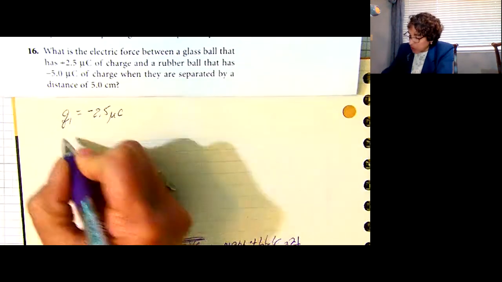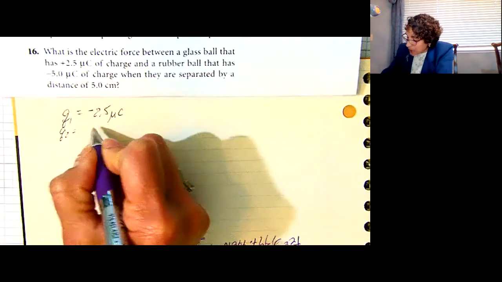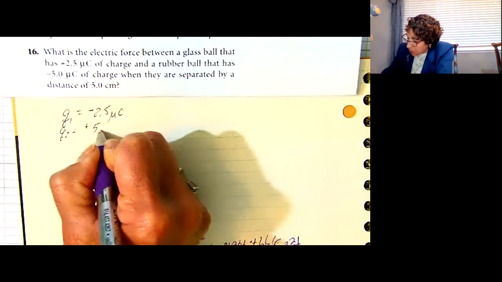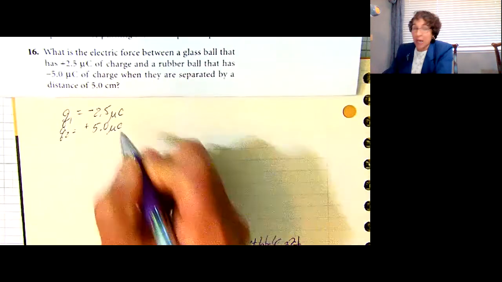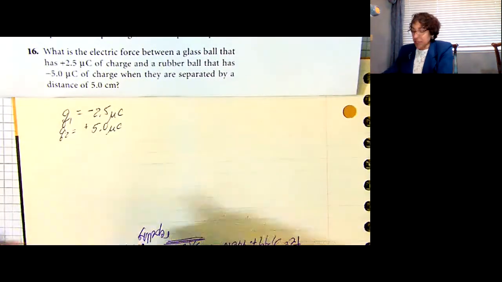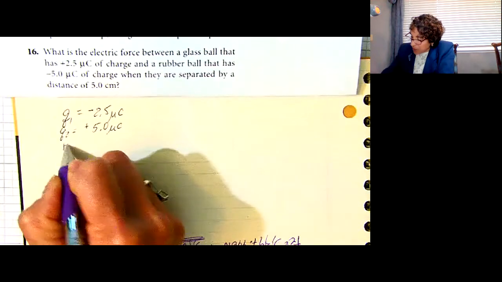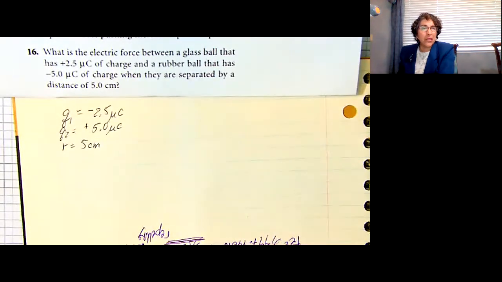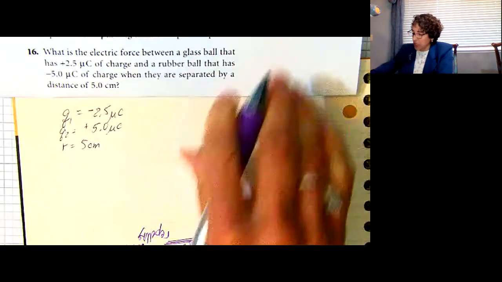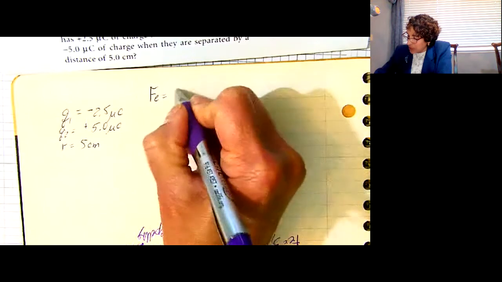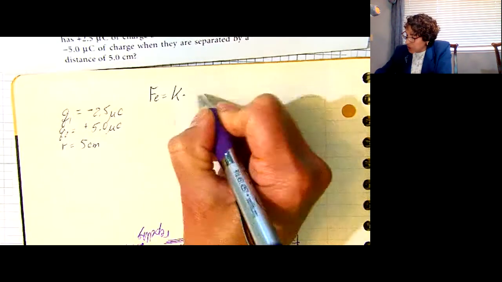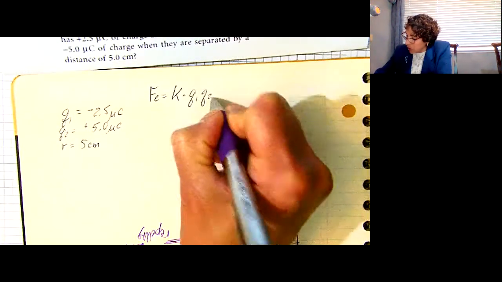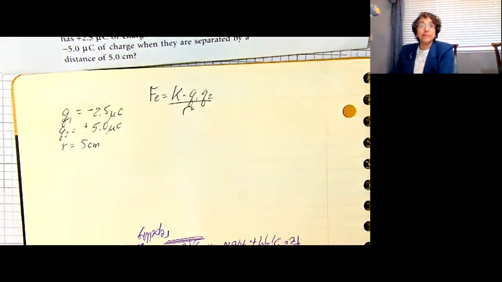And the other one, Q2, is positive 5.0 microcoulombs. And they have a distance, so that's the R. R is 5 centimeters. So hopefully you're like, centimeters, should I convert that? Well, let's look at our equation. Our equation is K times Q1, Q2 all over R squared.